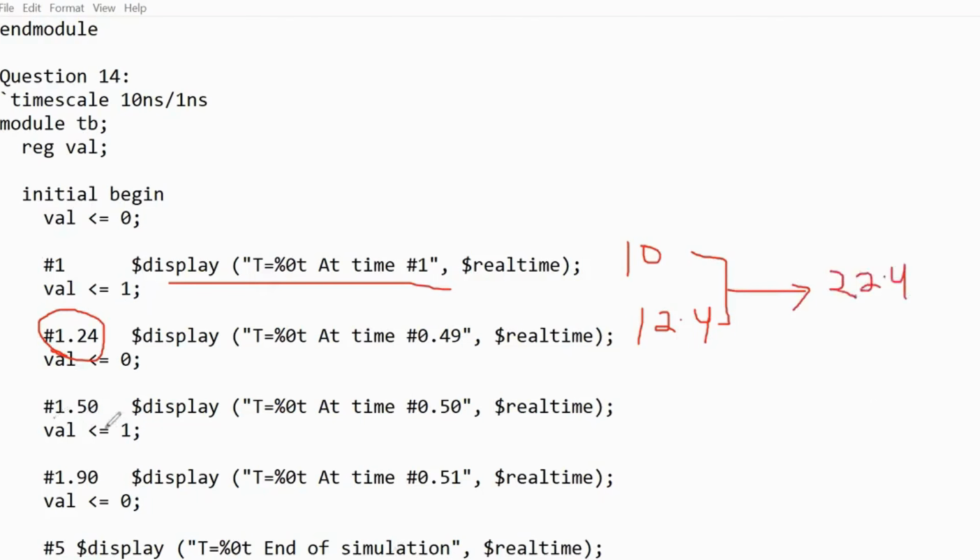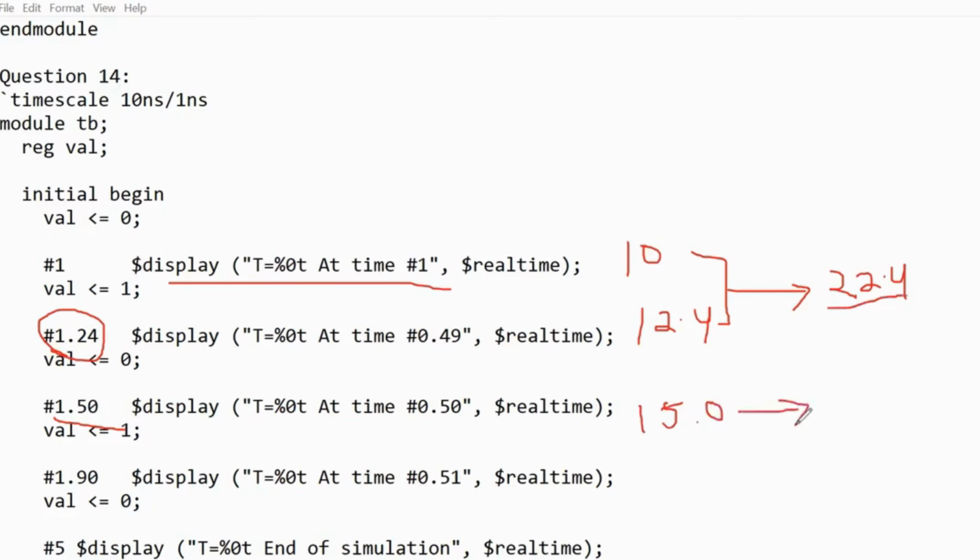And what is this delay? 1.50 into 10, 15.0, plus 22.4. Whatever value we get, that is the value here.